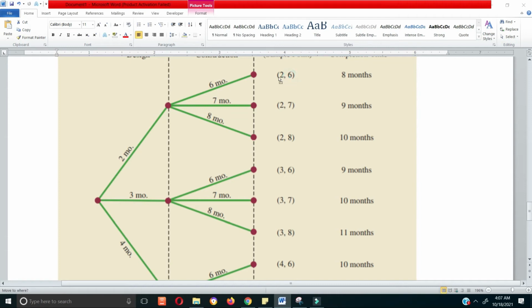In this case, you are coding by the number of months that each phase takes. So we have 2,6, 2,7, and 2,8, and then you can see the total duration. If I asked you what's the likelihood that the project is going to take more than 10 months, you can figure it out from historical data in this case.